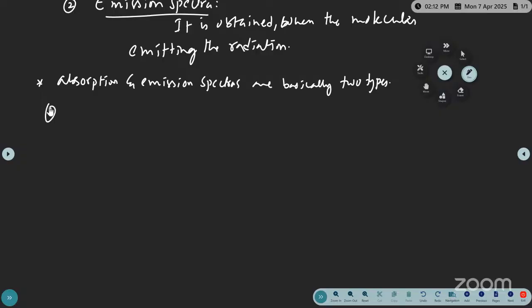One is atomic spectra, and the second one is molecular spectra. Atomic spectra and molecular spectra. Okay, and what is atomic spectra? What is atomic spectra?